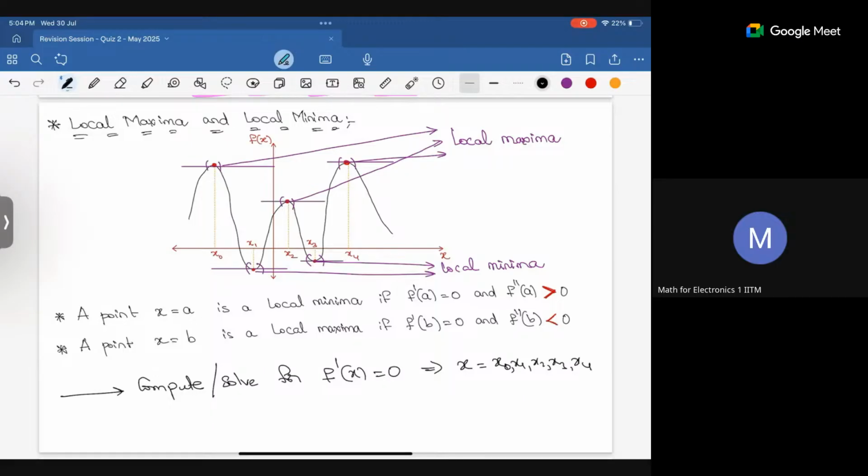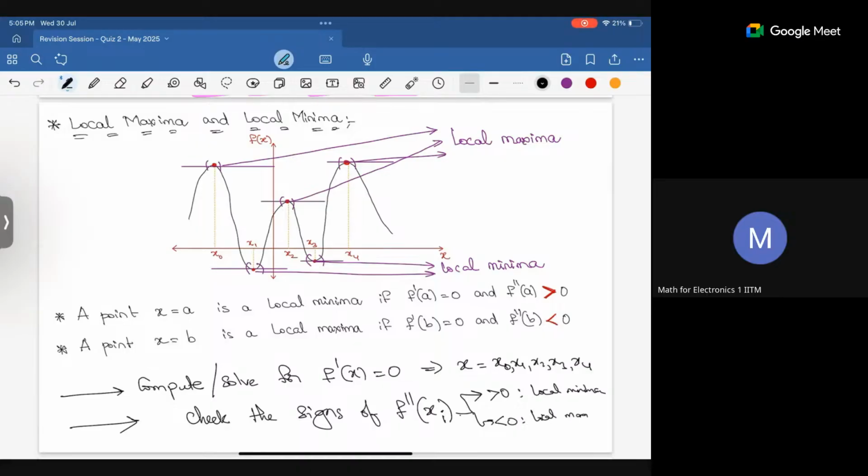Depending upon the degree of the polynomial, we'll get some roots. Then for commenting on local minima or local maxima, we will check the signs of the double derivative at these points. Okay, if it is greater than 0, then it's local minima. Less than 0, it's local maxima.